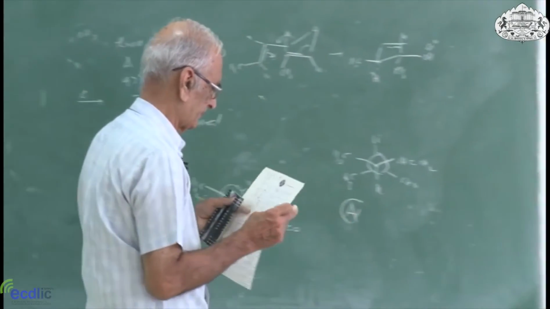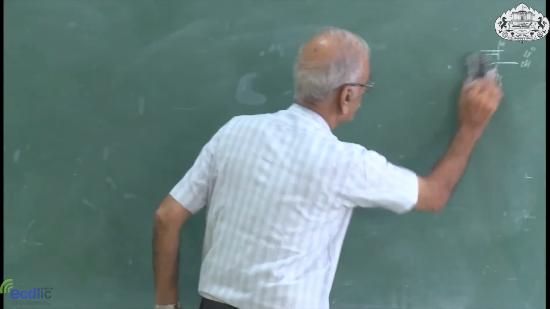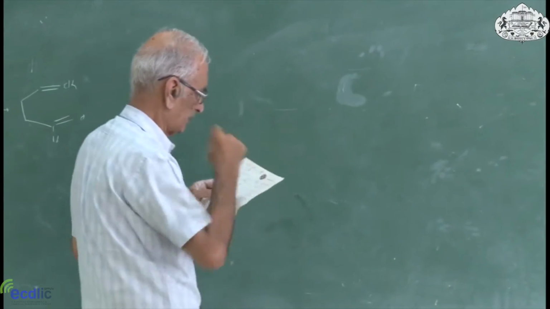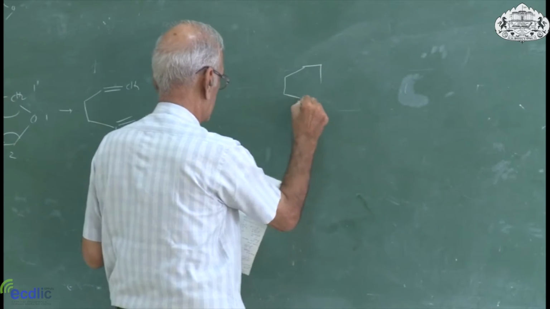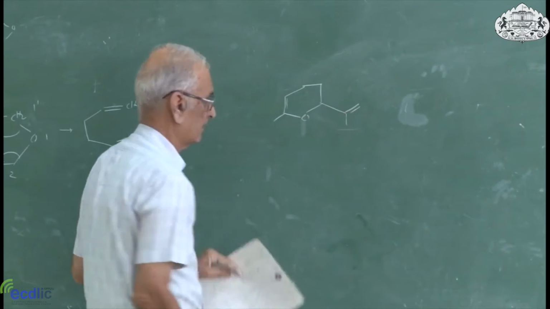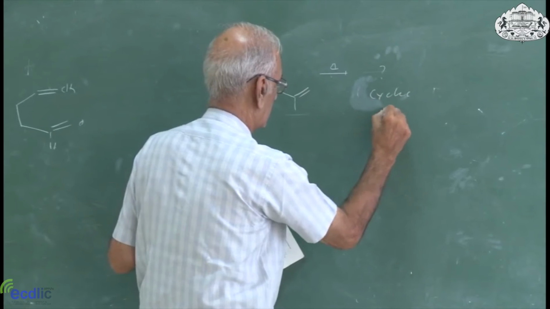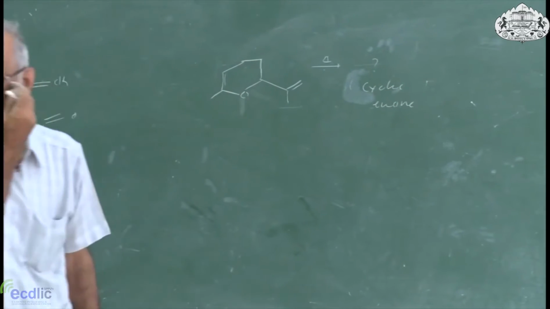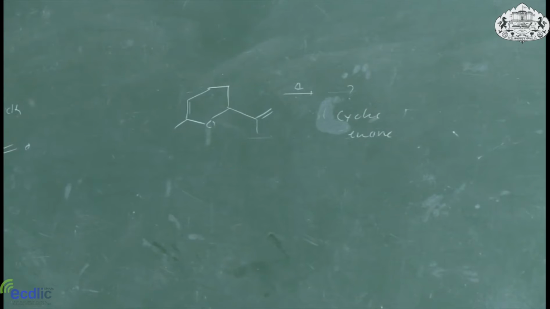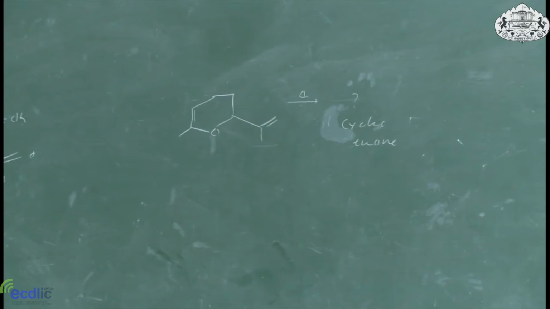Okay. We get cyclic enone. So, our starting material has one ring and two double bonds. Our product has one ring and two double bonds.